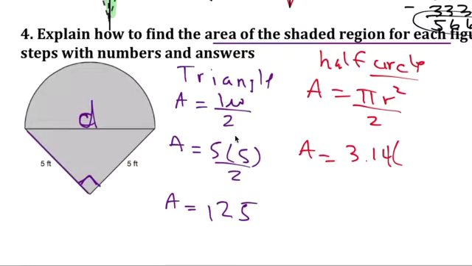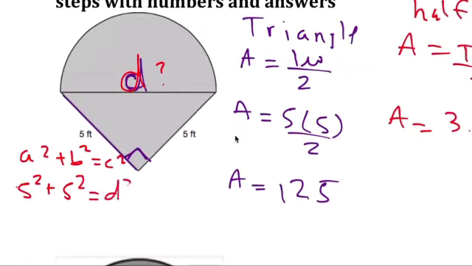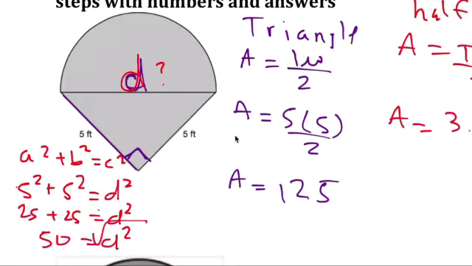We don't know the diameter, so we need to do Pythagorean Theorem. a squared plus b squared equals c squared. 25 plus 25 equals d squared. 50 equals d squared. Take the square root. 50 is close to 49, which is 7. So it's probably 7.1. Diameter is 7.1.